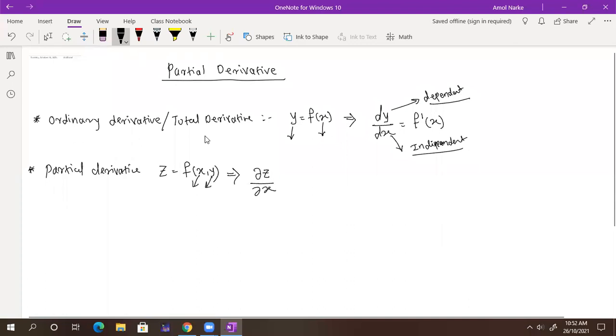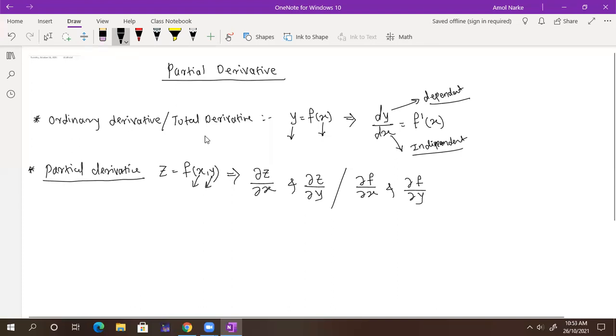So in a function, if more than one independent variable is present, at that time we use a partial derivative. And also you can define dabba z by dabba y. Or sometimes some authors, instead of z, use the function: dabba f by dabba x and dabba f by dabba y. They are the same thing. Either you can put the function or you can put z.